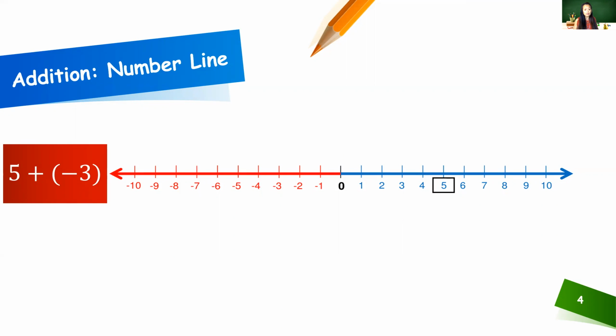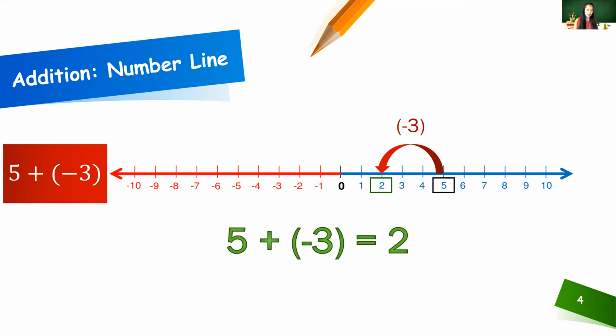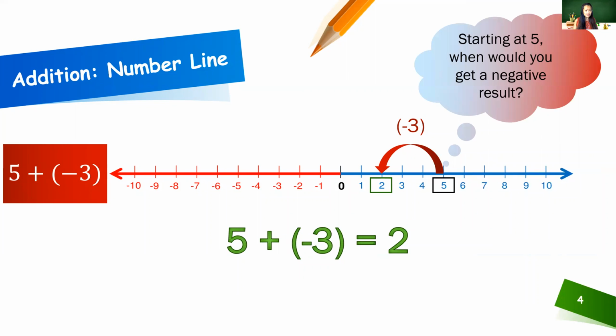If we add 3, we would go forward to the right 3 units, but we are adding -3. -3 is the opposite of 3. So instead of going to the right, we are going 3 units to the left, and we end up at +2. So we would say that 5 plus a -3 is a +2.